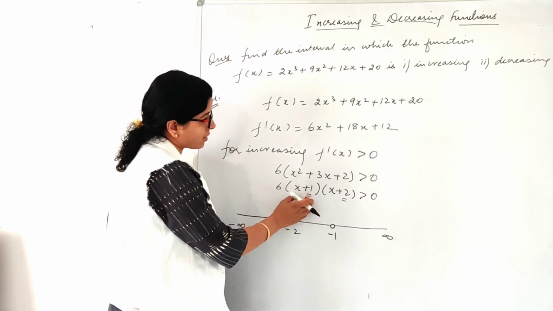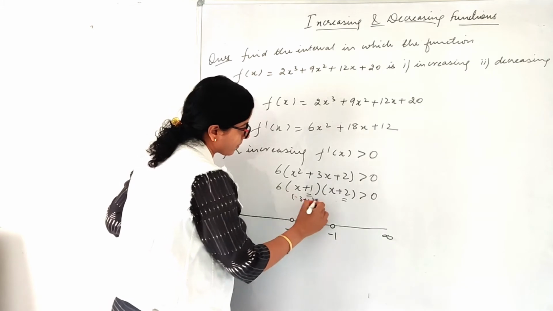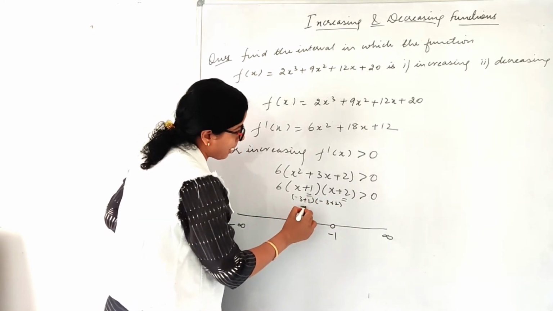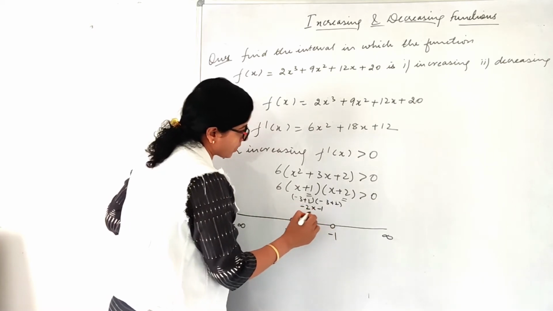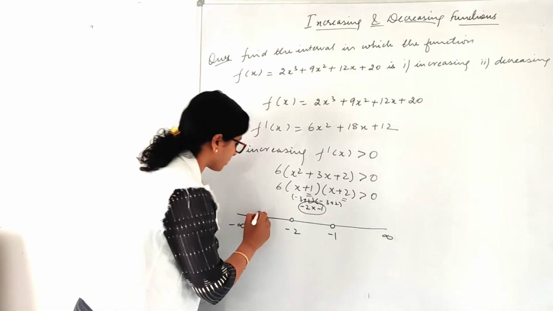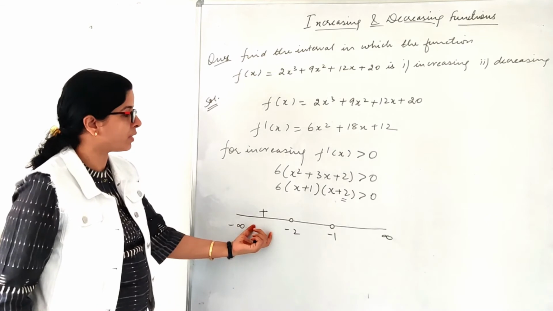If I substitute -3 in this f'(x), so (-3 + 1) into (-3 + 2). So what it will become? It is -2 into -1. So product of two negative numbers is positive. So this is positive range. So in this interval, my function will be positive.